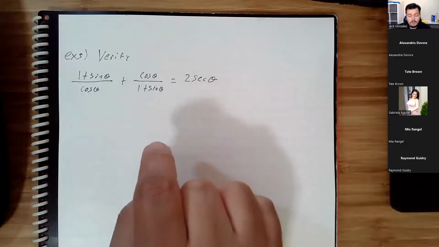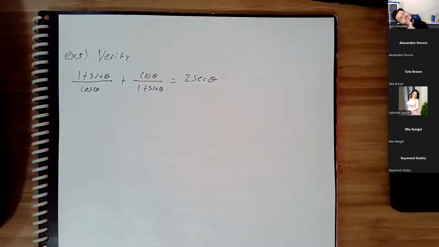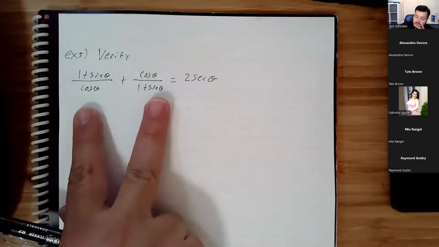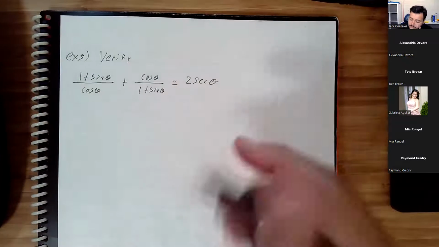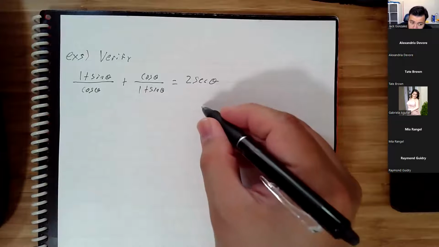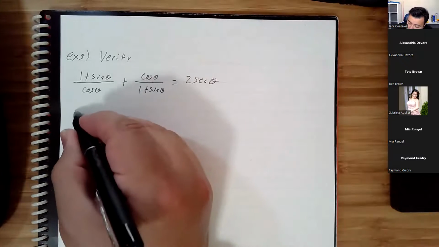Okay. And the rule of thumb is if you see fractions, add them, see what happens. So we have an LCD of cosine times 1 plus sine, right? So I'm going to start with the left.